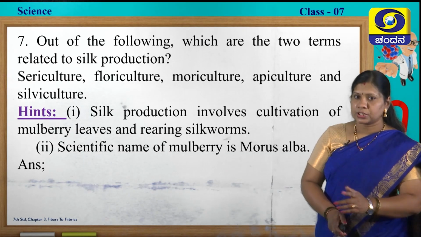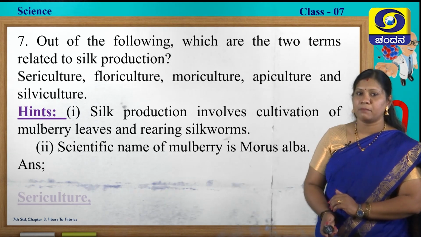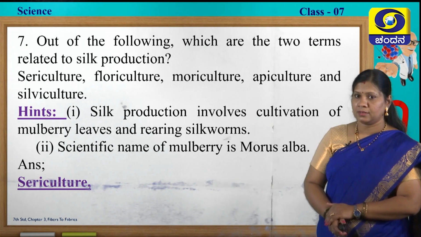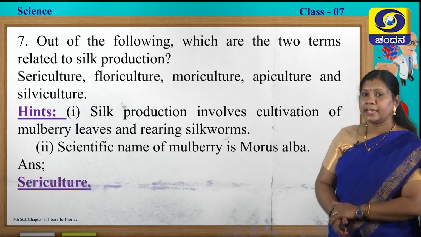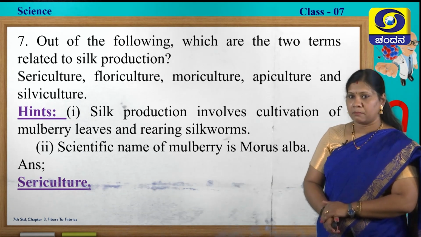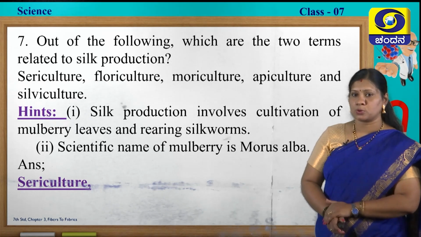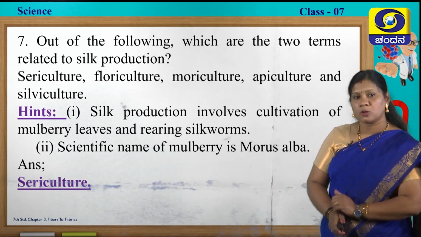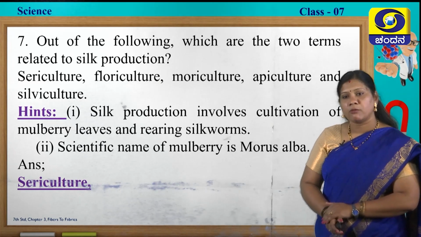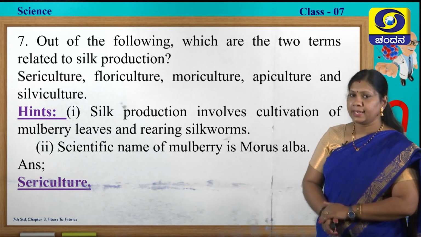The question is also related to the production of silk only. So, the first answer will be sericulture. What is the next answer? For that, the second hint they have given is the scientific name of mulberry is Morus alba. For every plant there will be two types of names, students: one botanical name, one common name. Botanical name is nothing but scientific name, and the other is the common name which we use in our daily life.